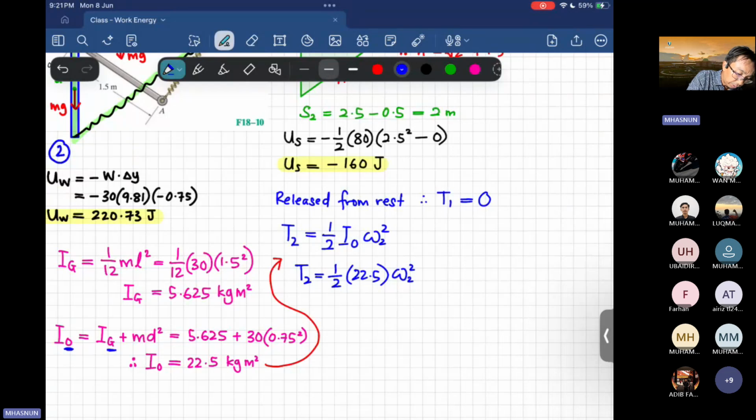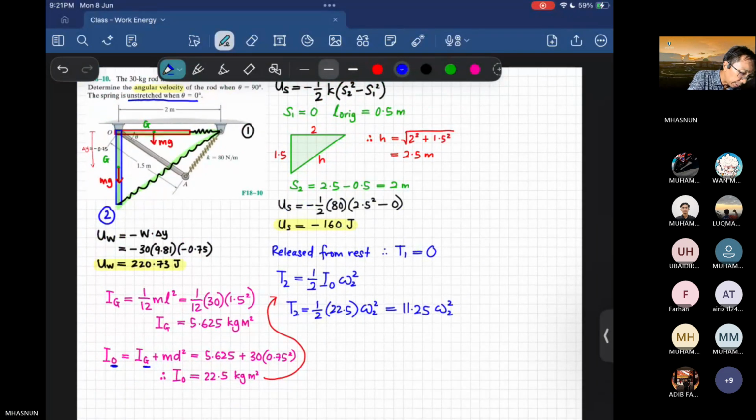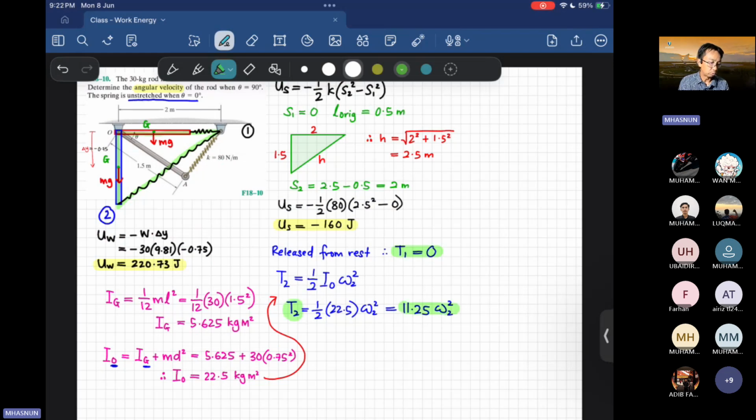So you have here T2 is equal to 11.25 omega 2 square. Now we have the kinetic energy T1, we have T2 is equal to 11.25 omega 2 square, we have U_S and we have U_W.